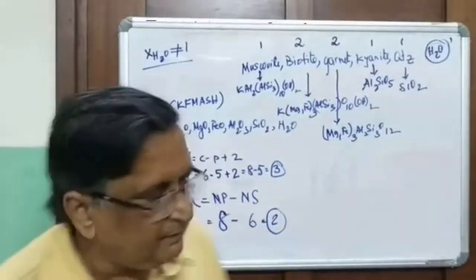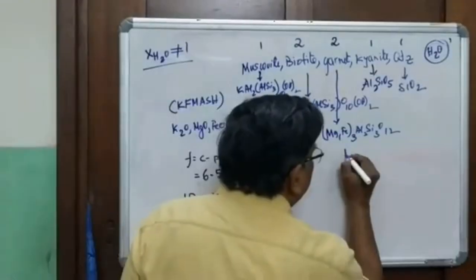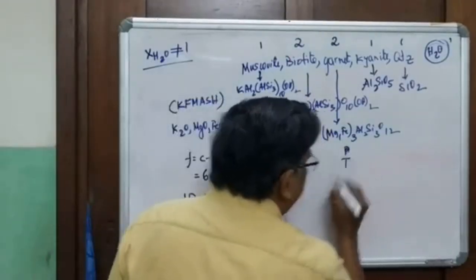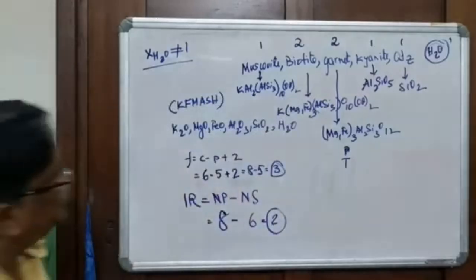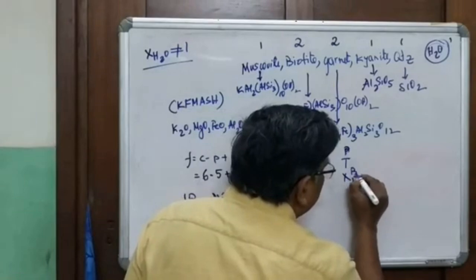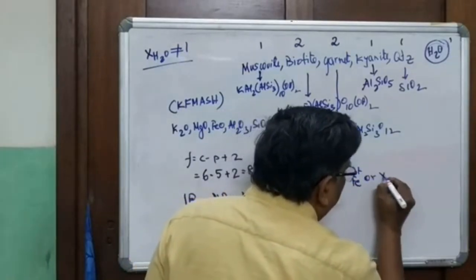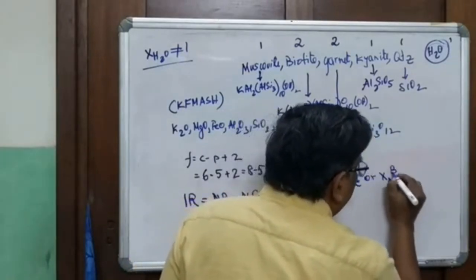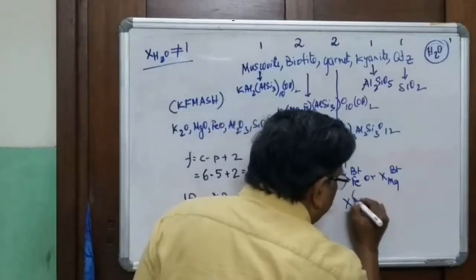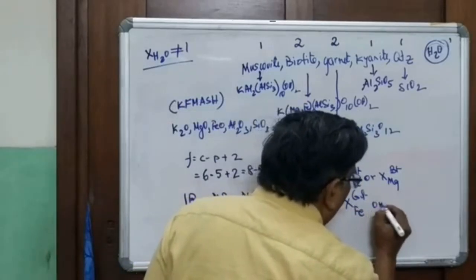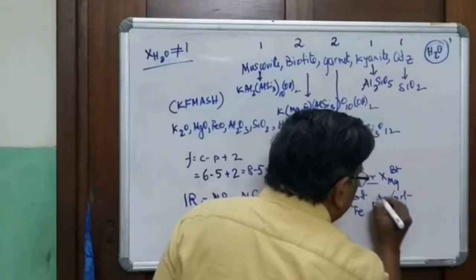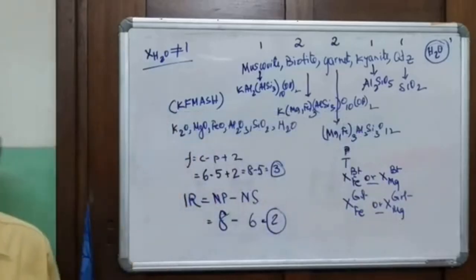What are the variables? Look here. Pressure, temperature. Now, XFe biotite or XMg biotite. XFe garnet or XMg garnet. These are important. Did I miss something?